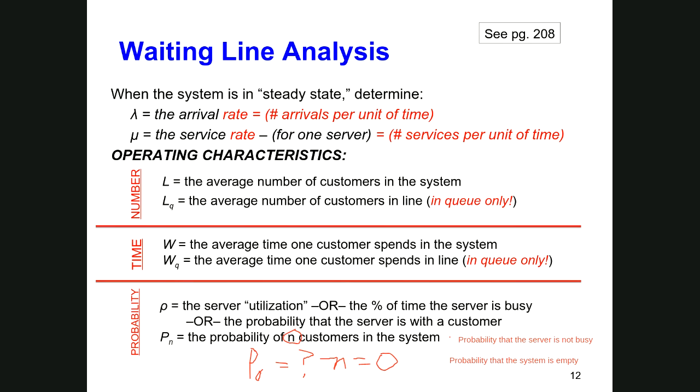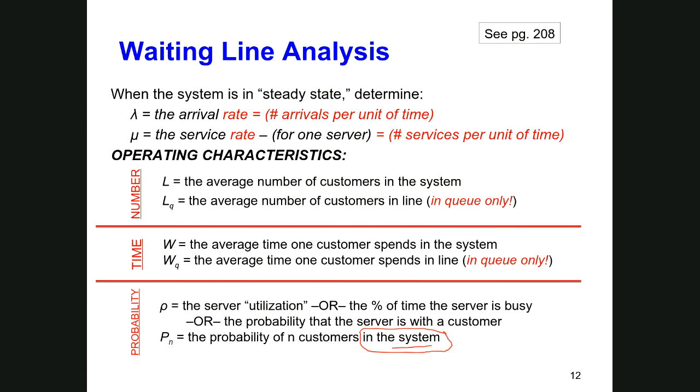And again, the other important thing is it's the probability that there are N customers in the system, which includes both those waiting and those being served.